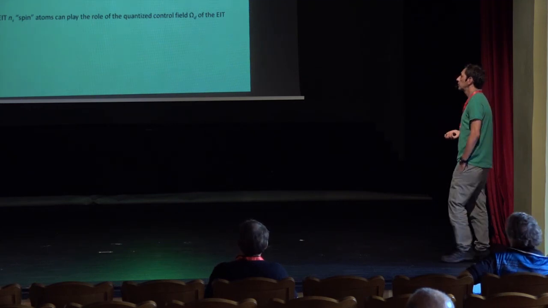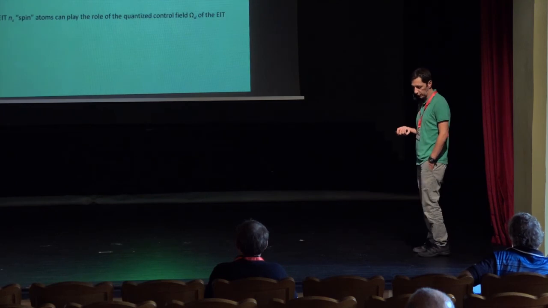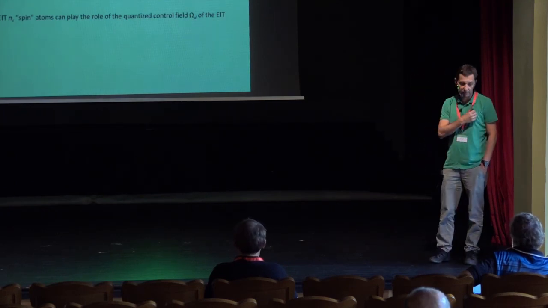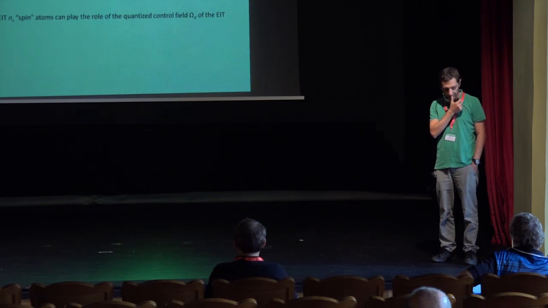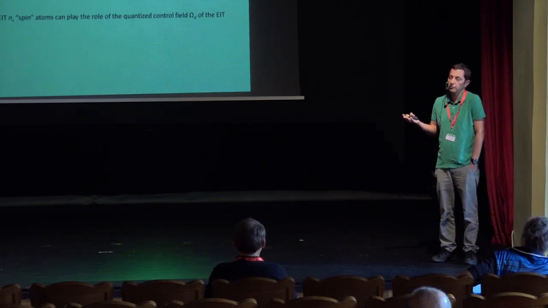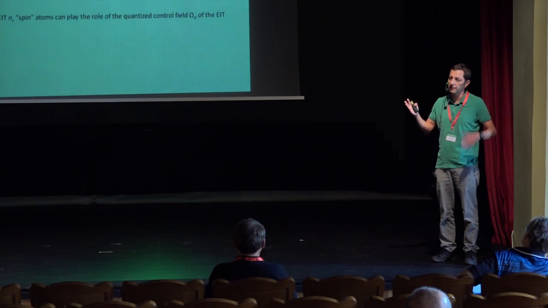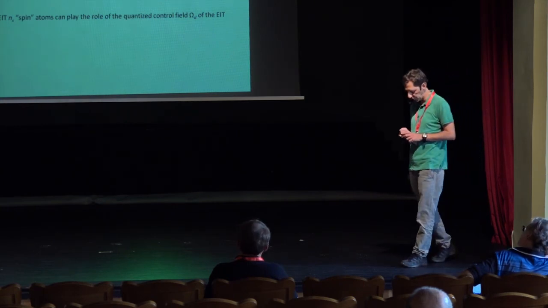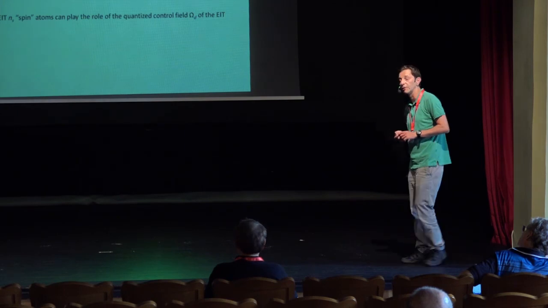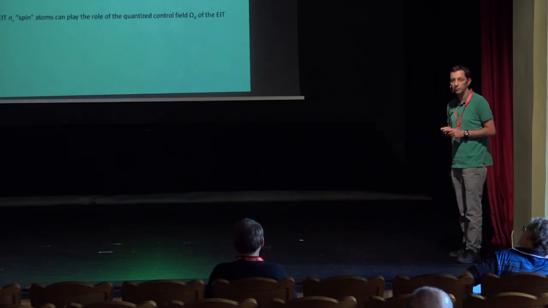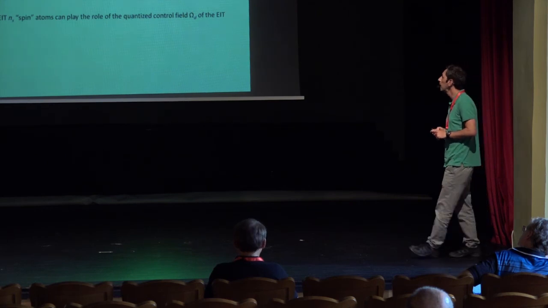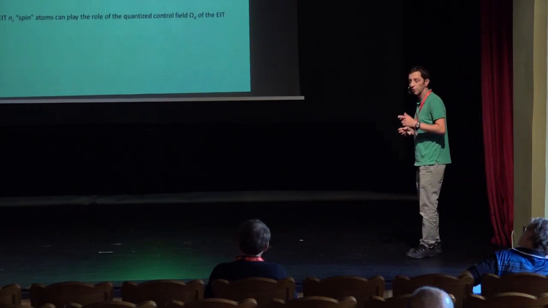And then I showed you also what is the dipolar exchange-induced transparency. Basically, I said, let's quantize the driving field of the EIT. And one way is to put, for example, the atoms in a cavity, and then the cavity mode can play the role of the quantized field. Such ideas, cavity-induced transparency, which I didn't show you, have been around for a while. There were experiments at MIT some years ago, but on the optical transition.